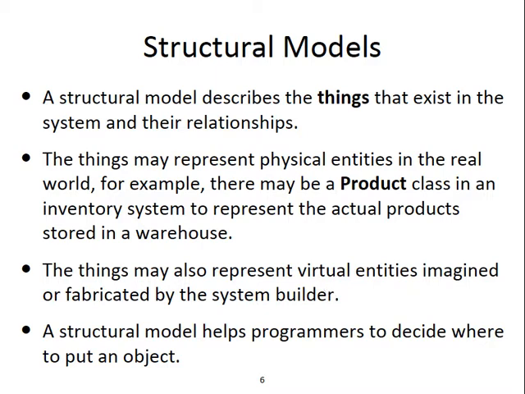For example, in an inventory system, you have some products that you're selling, that you're keeping in the inventory, but you can also write a class to represent a product class. But what is virtual? Do we have virtual objects in an inventory system? I guess something we can imagine.